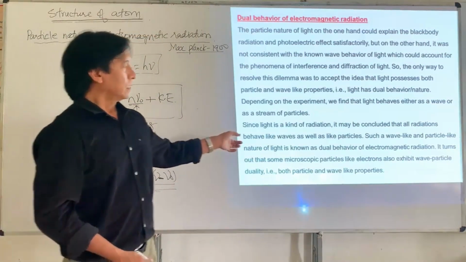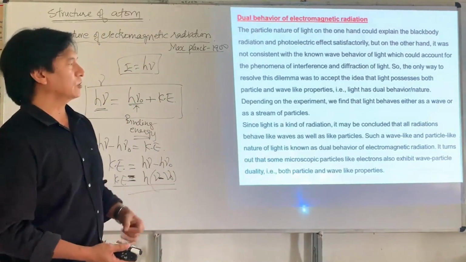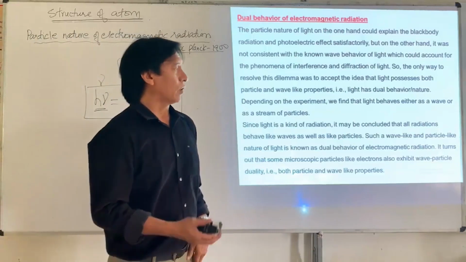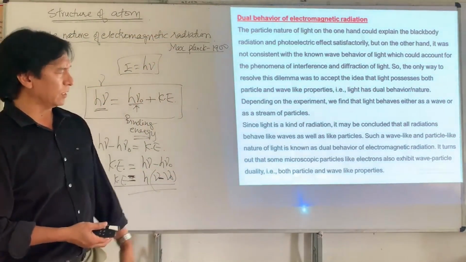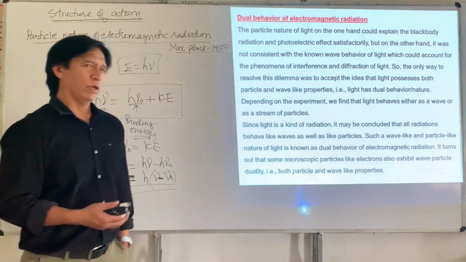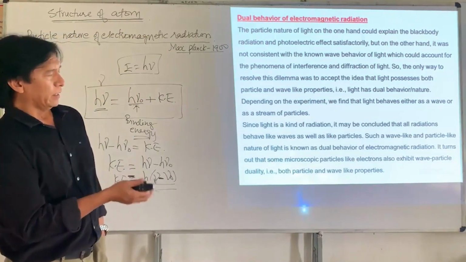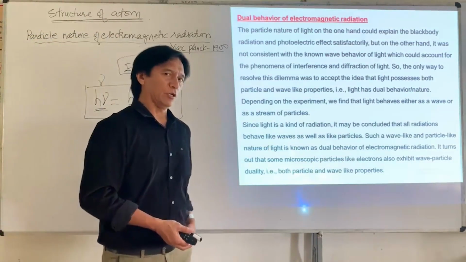Now, since light is a kind of radiation, it may be concluded that all other radiations, there are many other radiations, behave like waves as well as like particles. Such a wave-like and particle-like nature of light is known as the dual behavior of electromagnetic radiation.